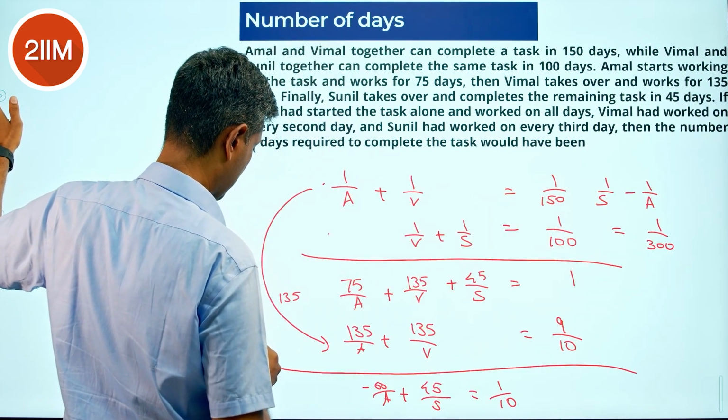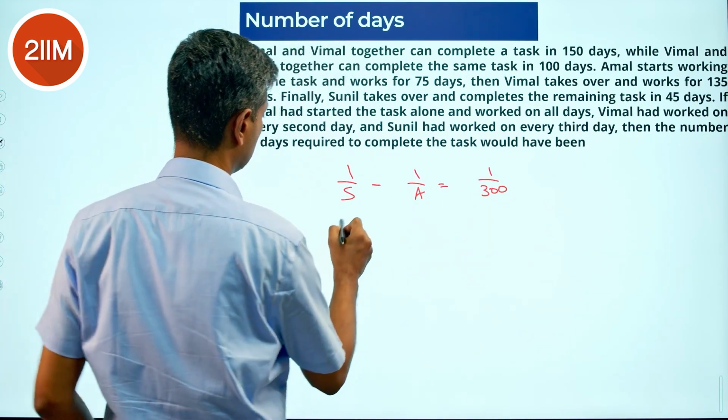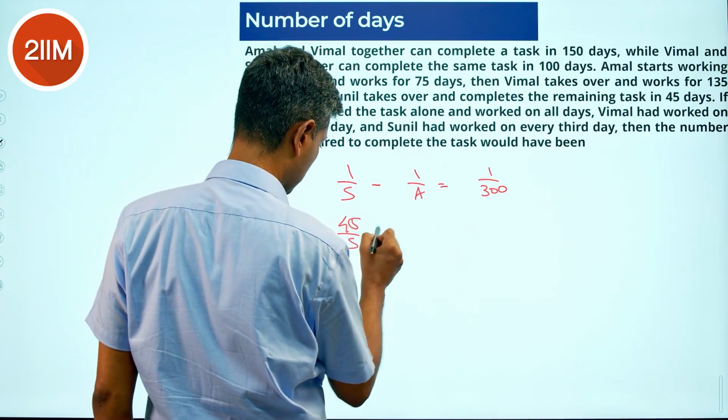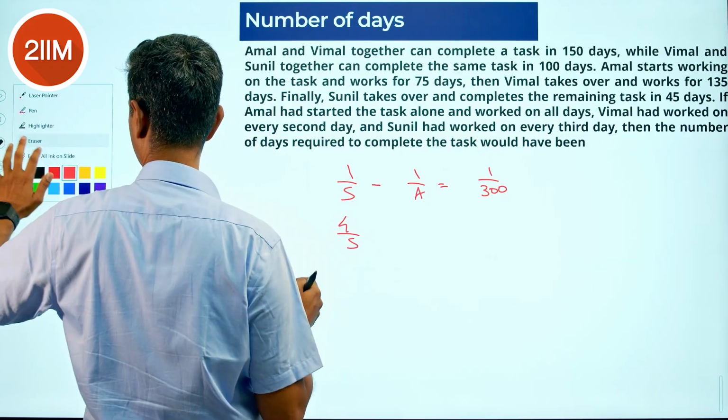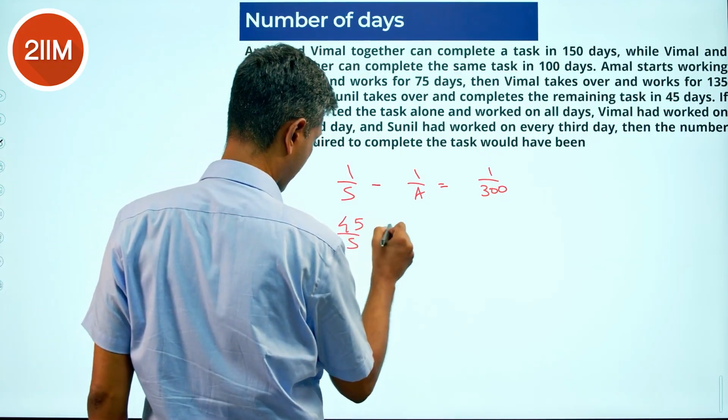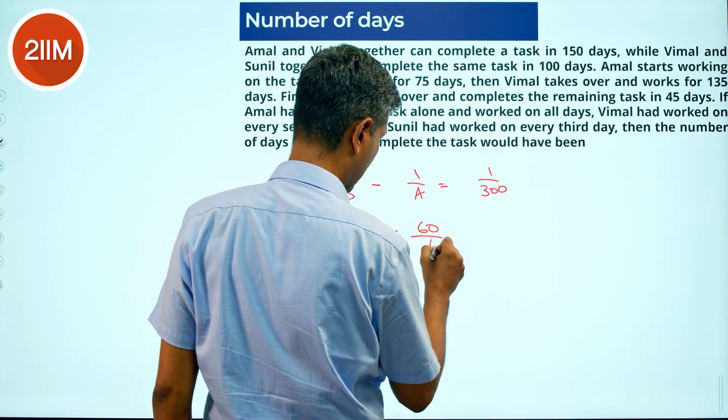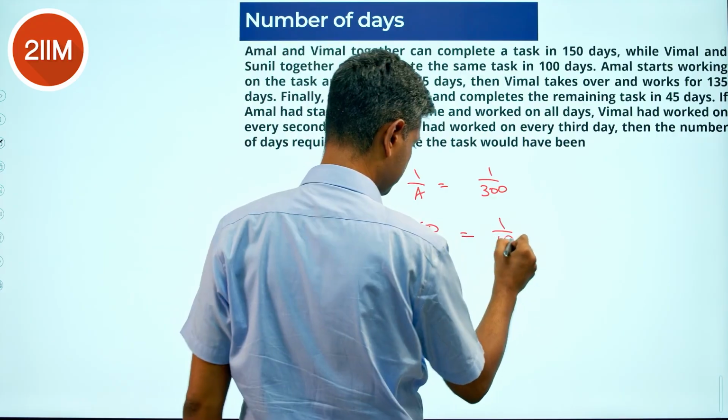Minus 60 by A plus 45 by S. 45 by S minus 60 by A is equal to 1 by 10.